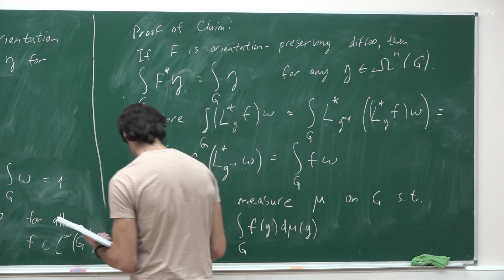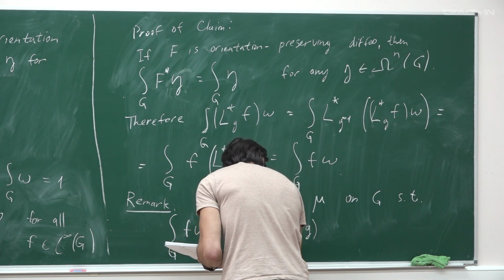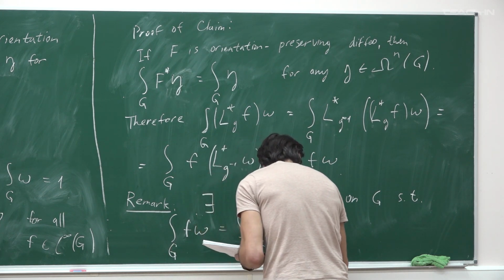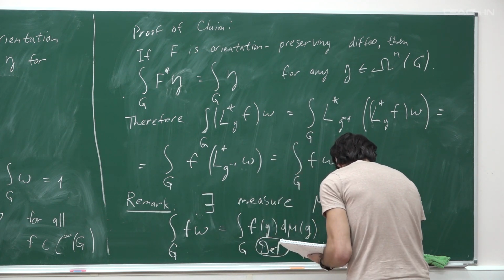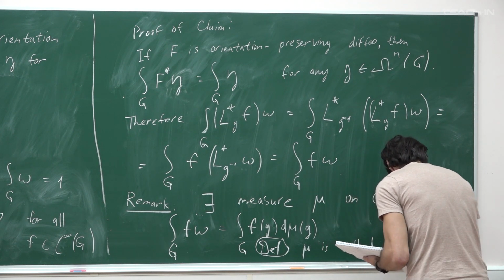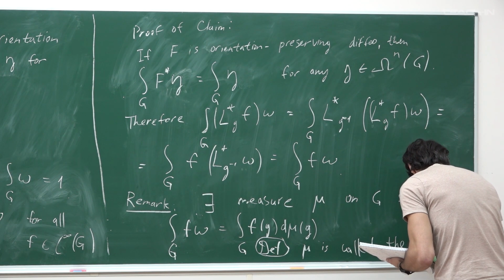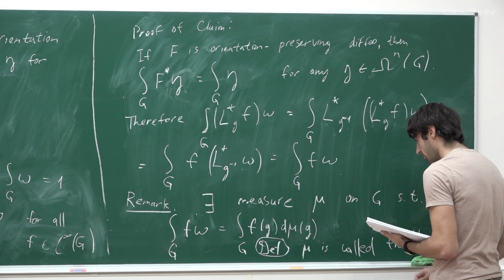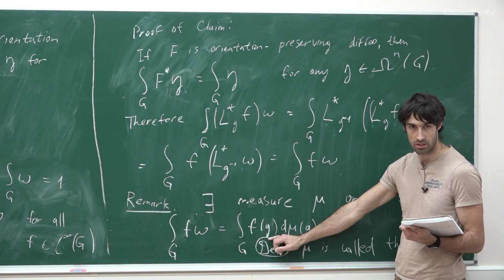So measure mu, definition: mu is called the Haar measure. And so we will actually write this, right?